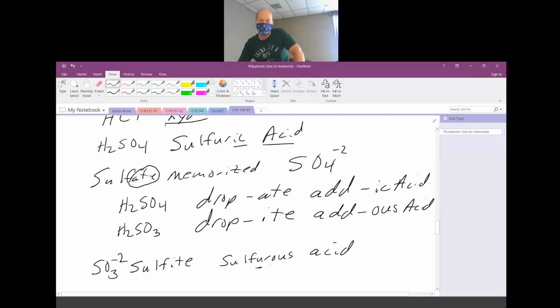If you don't add the ur and you just call this sulfous acid, that is 100% going to be counted correct. Anytime that you make an acid, it has to be neutral. The H's are plus 1. All acids are neutral. If you had an ion that you memorized that ends in ate, when you make the acid, the ate becomes an ic acid. If it ended in ite, it becomes an ous acid.